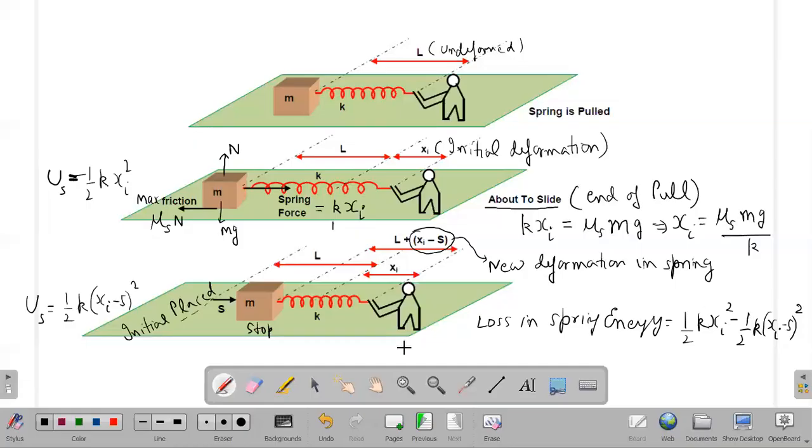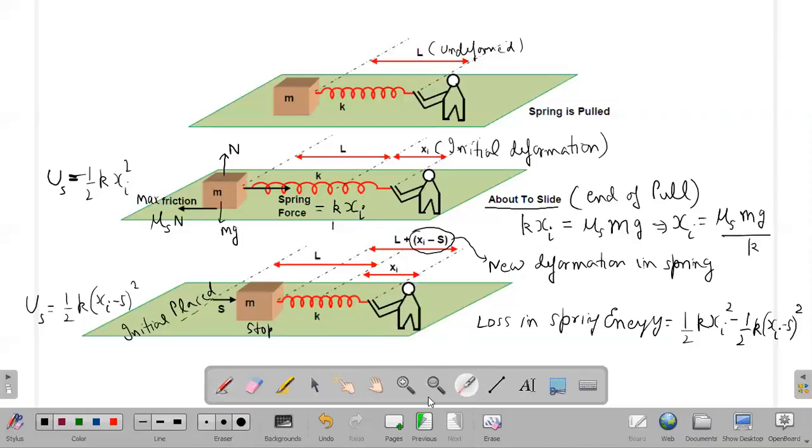But since energy cannot be destroyed, any loss of spring energy must be converted into some other form, and this loss of energy by the spring is converted into heat energy due to work done by the friction force during the sliding of the block.